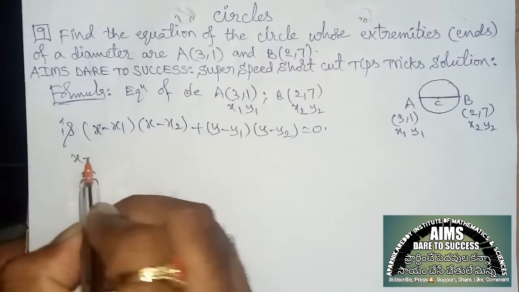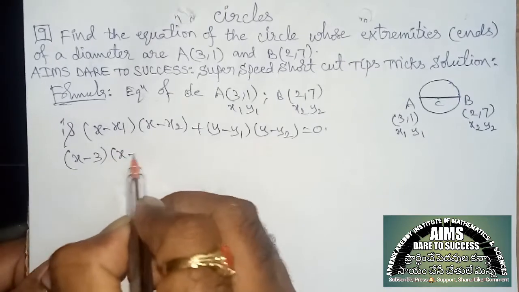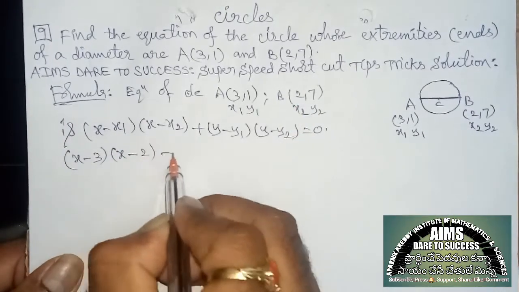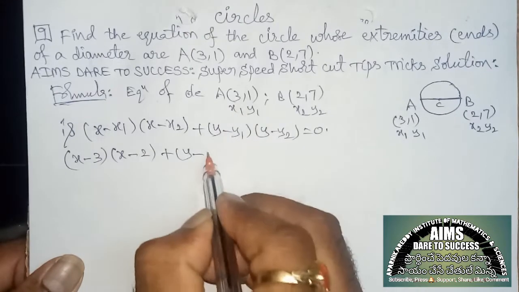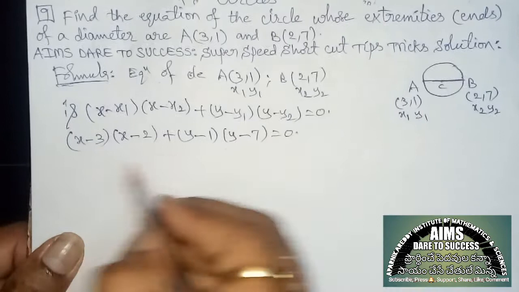Normal simplification, substitute, we get x minus x1 value is 3 into x minus x2 is 2, plus y minus y1 value is 1 into y minus y2 value is 7, is equal to 0.